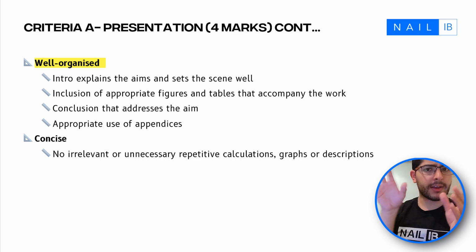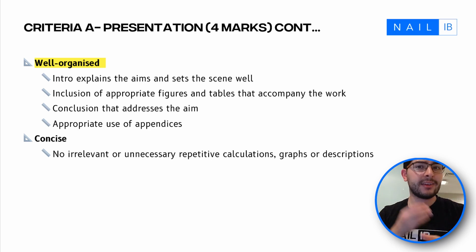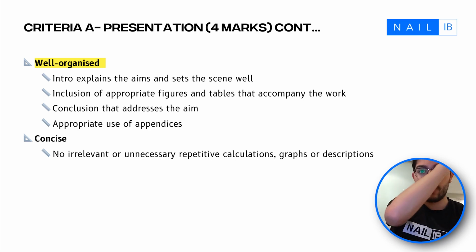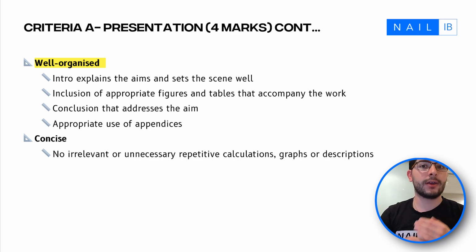So the actual data itself, the raw data that isn't being processed, can be thrown in an appendix. Similarly, if you're repeating a lot of steps in terms of calculations, those repeated steps can be included in the appendix, and you can just put the first set of working out in the actual IA. That way it's not just repetitive and unnecessary stuff. That is the appropriate use of appendices. An inappropriate use would be if I couldn't fit all my stuff in my IA, I couldn't fit my conclusion, so I put my conclusion in an appendix.